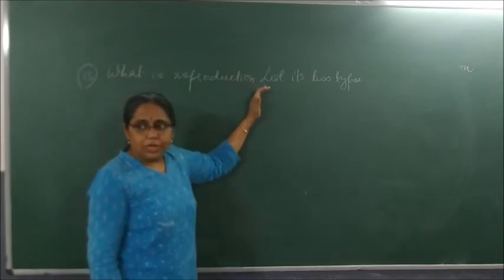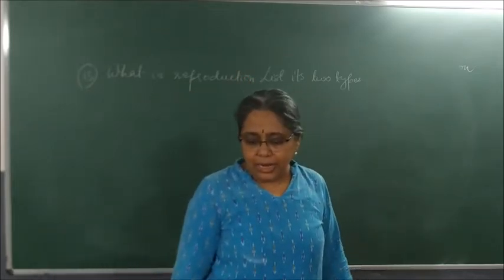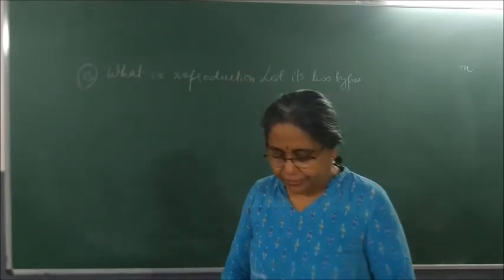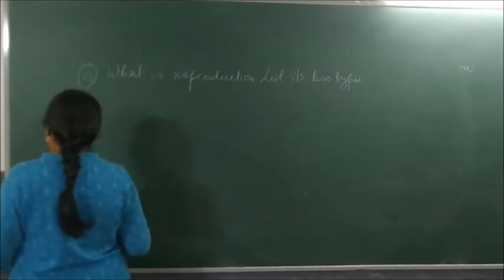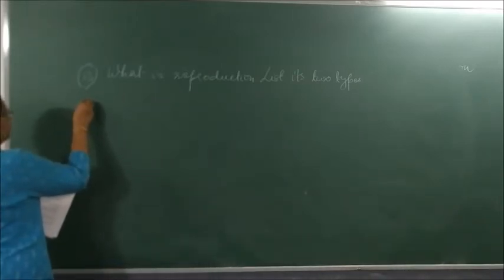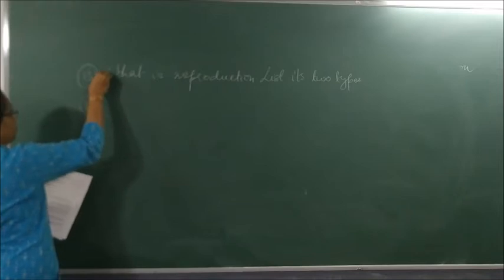What are the 2 types of reproduction? Sexual and asexual reproduction. Now the next part of the question, B part of 13th question.